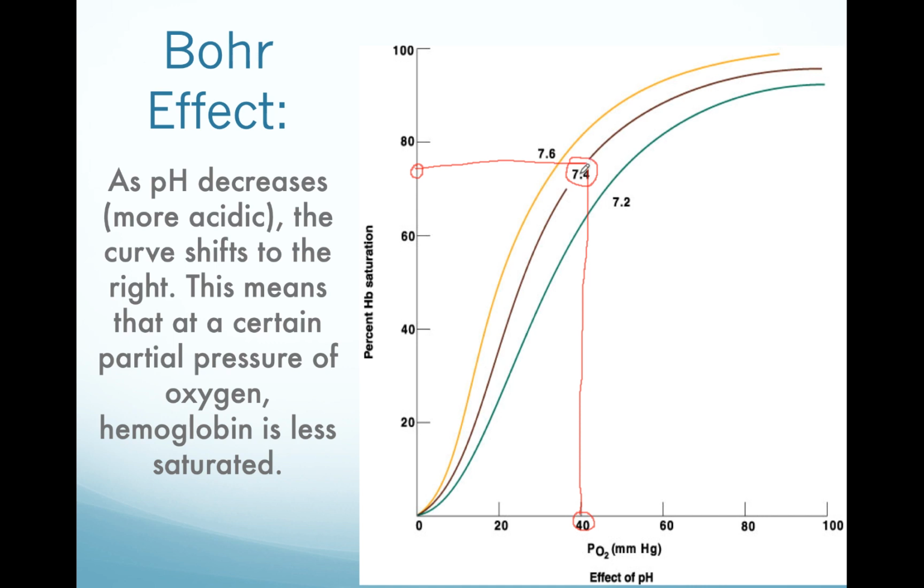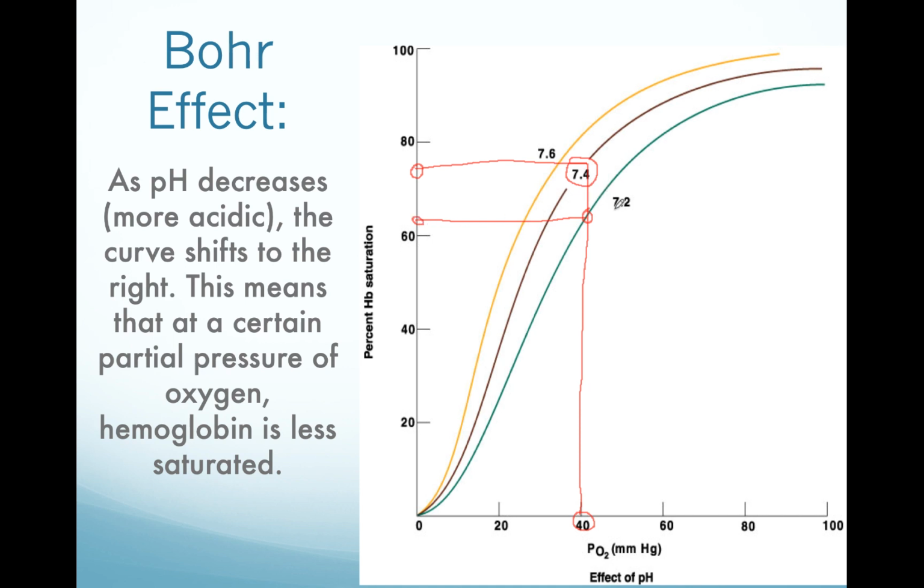When that pH drops down to 7.2, you notice that at the same PO2 of 40, we hit the 7.2 curve here, and we see that the hemoglobin saturation dropped down to about 65. This means that less hemoglobin is bound to oxygen. So that means the hemoglobin let go of the oxygens because maybe the tissues needed more oxygen.